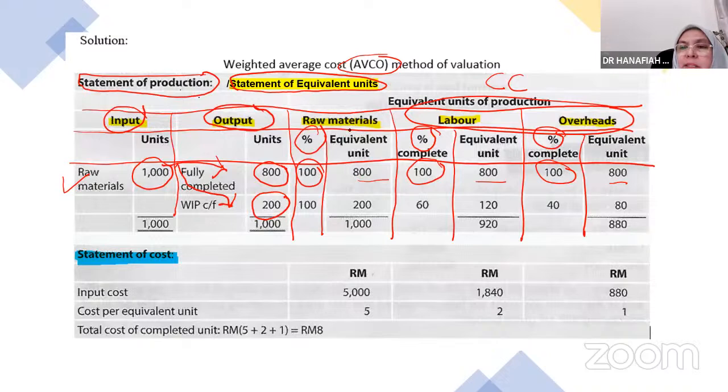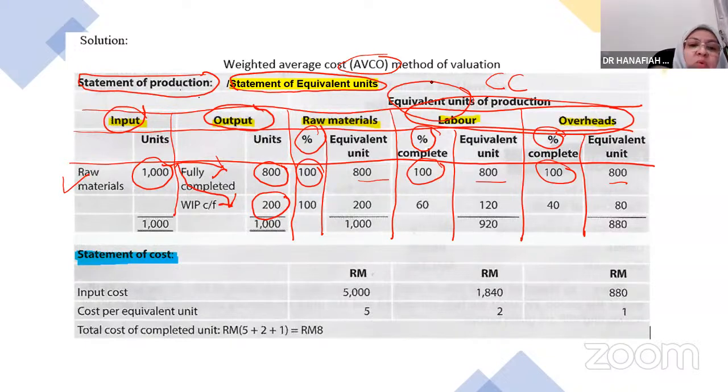And remember, this is not in RM or rupiah, but this is actually the equivalent unit. It is in units, because we need the units in order to calculate the cost per unit. So we have to do the equivalent unit first. So, we settle with the fully completed.